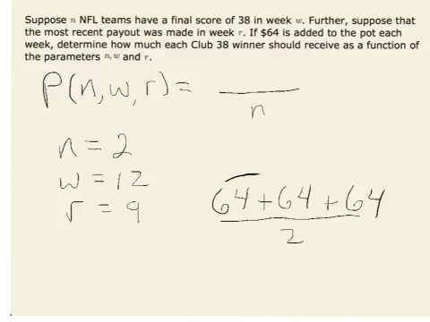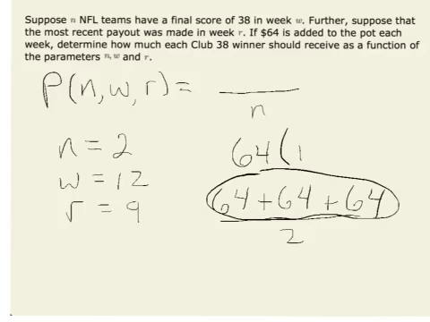So these 3 here are, another way to view that would be 64 times the 12 minus 9, or 3. And again, that 12 is the w and the 9 is the r.